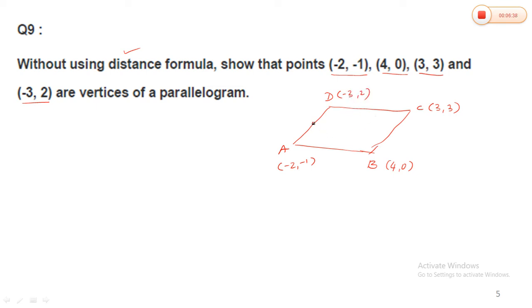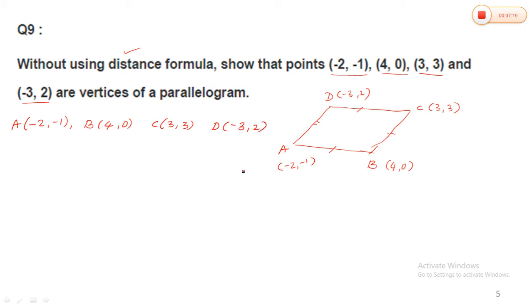If the slopes are equal, that is slope of AD equal to slope of BC and slope of DC equal to slope of AB, then the sides are parallel. So this implies these are the vertices of a parallelogram. So let us write the points: A (-2, -1), B (4, 0), C (3, 3), D (-3, 2).